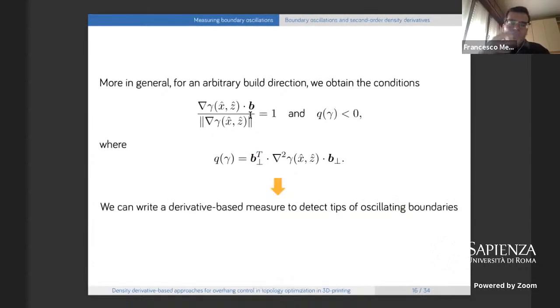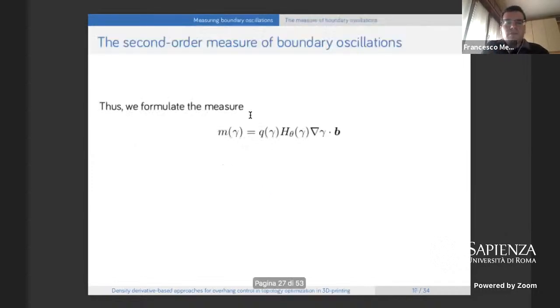Therefore, by this characterization, we can finally write for any build direction a derivative-based measure which detects tips of oscillating boundaries. And this measure in particular is made like this. Now we will analyze all the components of the measure itself.